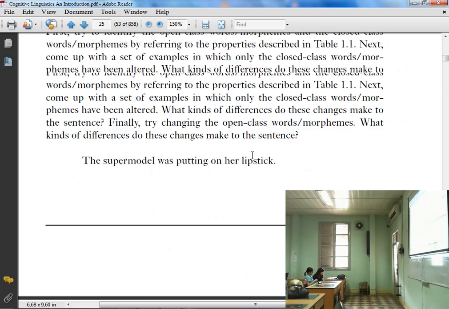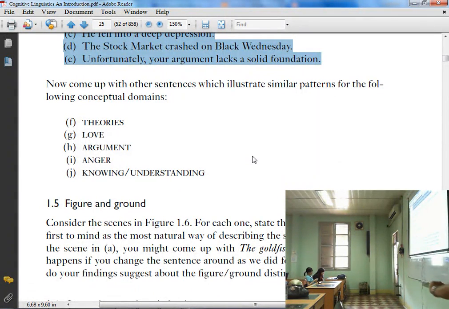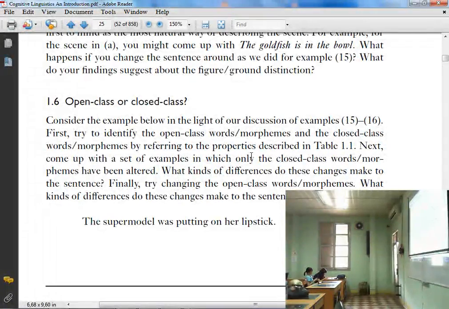And this is what is meant in this exercise by the figure and the ground. This is another part that is discussed in the next chapter about cognitive semantics.